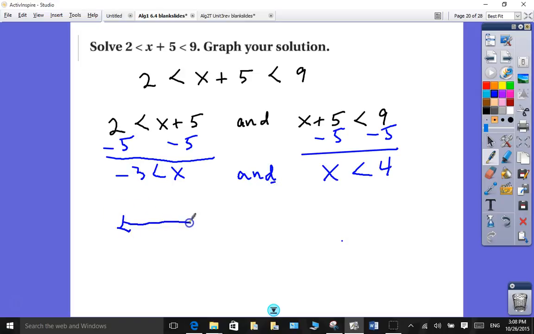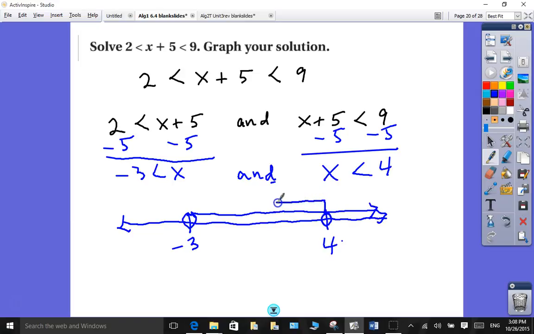And the graph, I'll draw it in two parts. First, I'm going to draw negative 3 is less than x, which means negative 3 is to the left of x. Then I'm going to draw x is less than 4, so that goes to the left of 4.